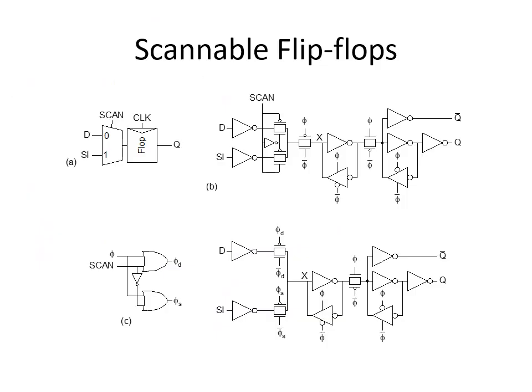To perform scan design, scannable flip-flops are required. An ordinary flip-flop can be made scannable by adding a multiplexer on the data input. In figure A you can see how an ordinary flip-flop is converted to a scannable flip-flop, with a multiplexer connected in series with the flip-flop.